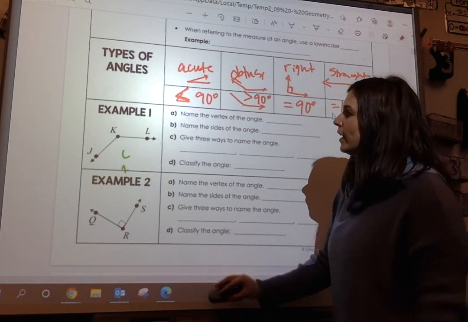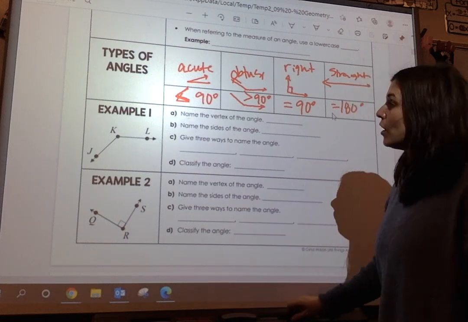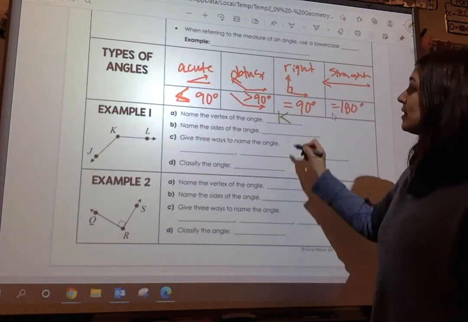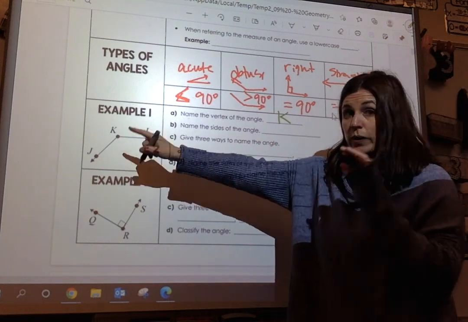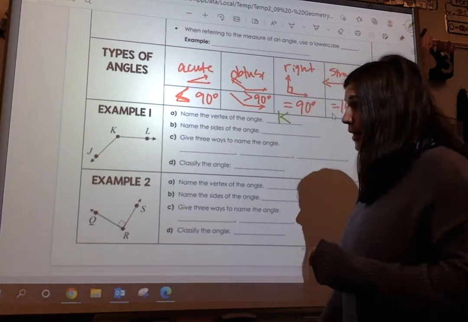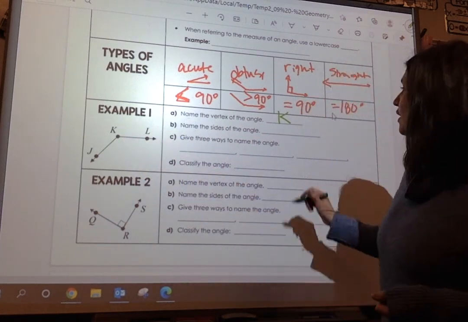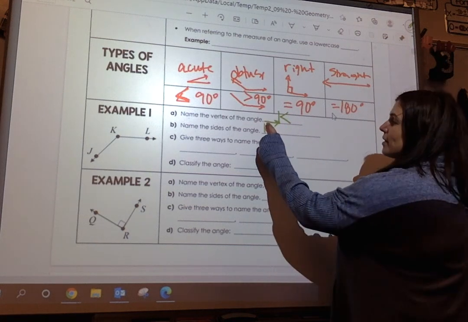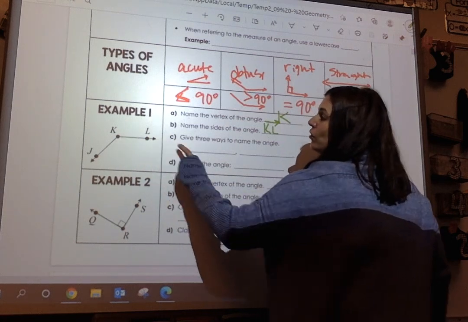So if I look over here for these examples, and I want to name the vertex. The vertex is where my two rays come together, so it's K, and it's an uppercase. So when we name these, it's always an uppercase when we talk about points on a plane. The sides of the angle, remember the sides are rays, so it's KL. And notice my arrow is on the end of L because it's going infinite in the L direction.